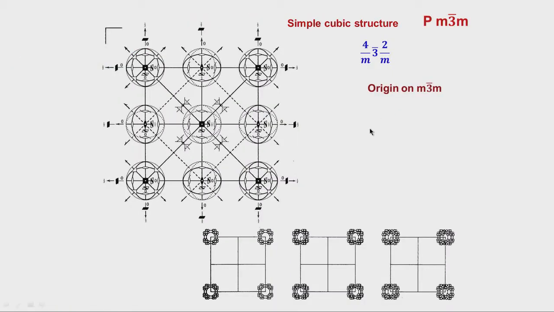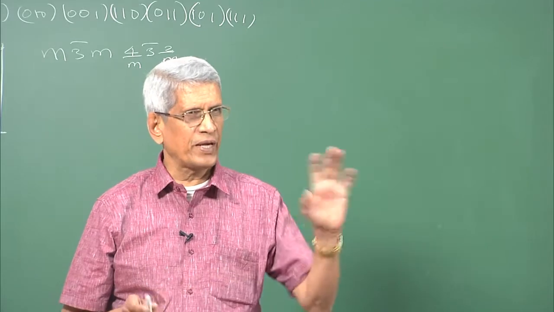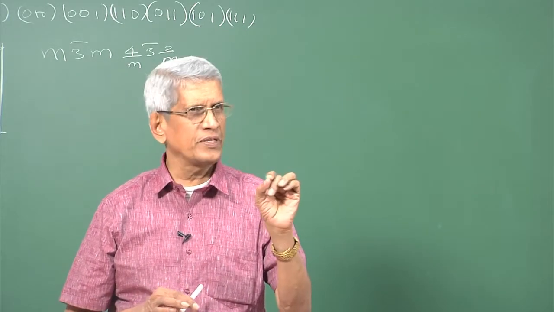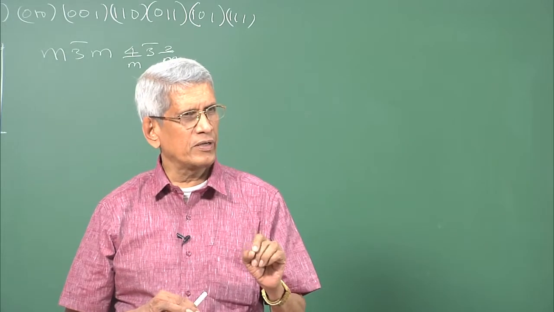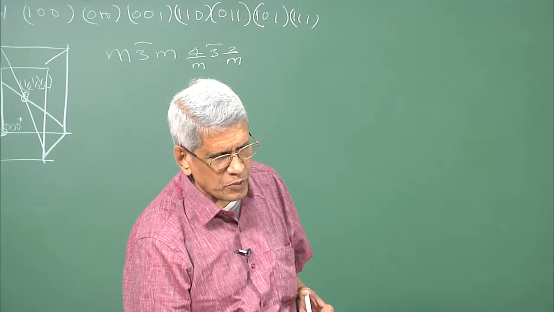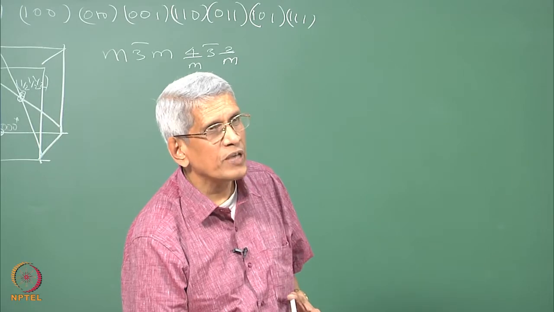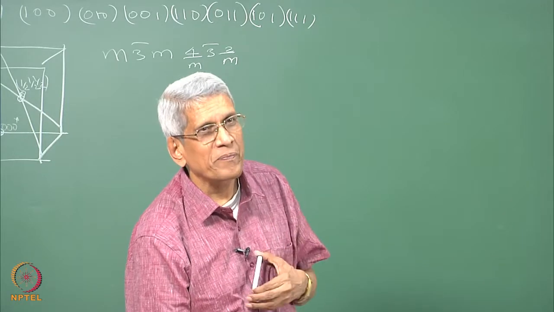So far, whatever symmetry diagrams and positions of the general point in the unit cell shown in the International Tables for Crystallography that I have considered are with respect to structures which have a smaller amount of symmetry. When the symmetry becomes large, like this Pm3̄m I have taken, you can see the symmetry elements involved are much more complicated.